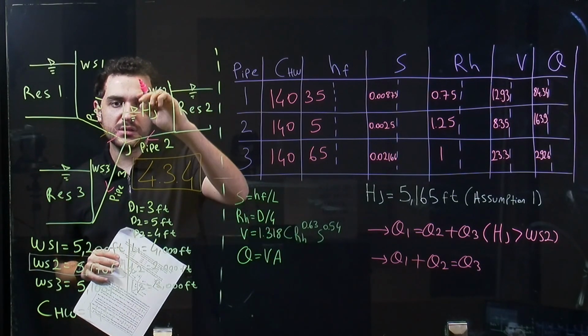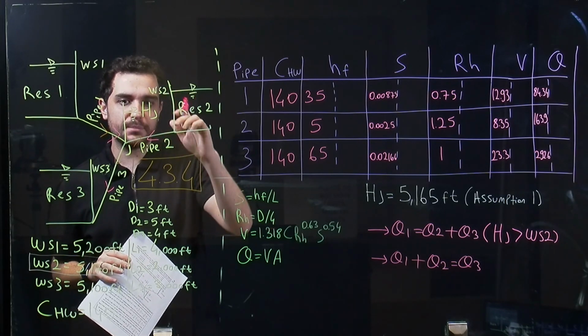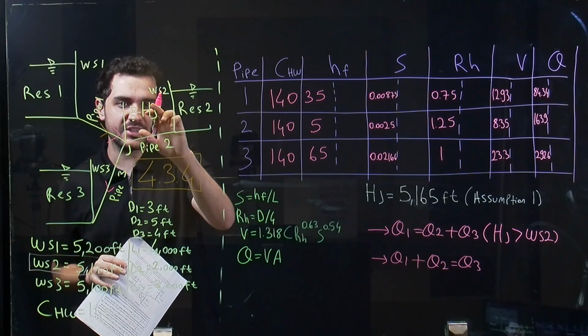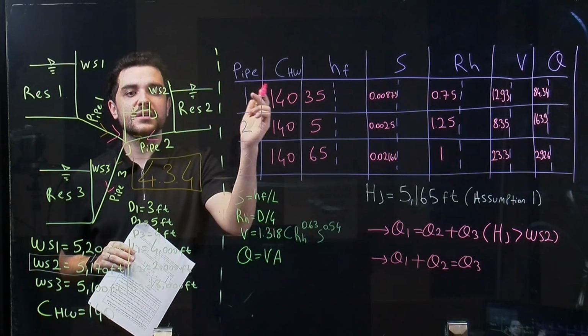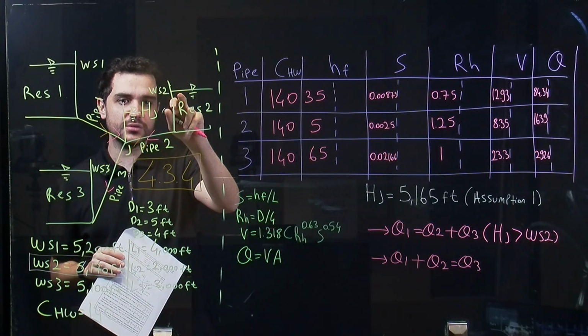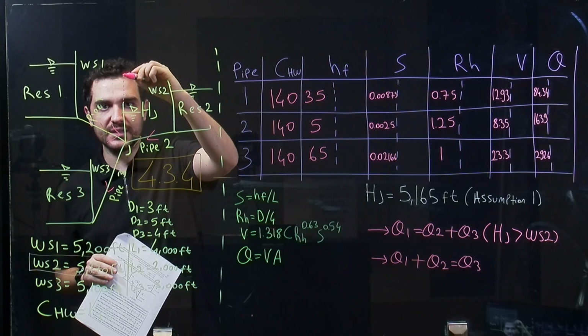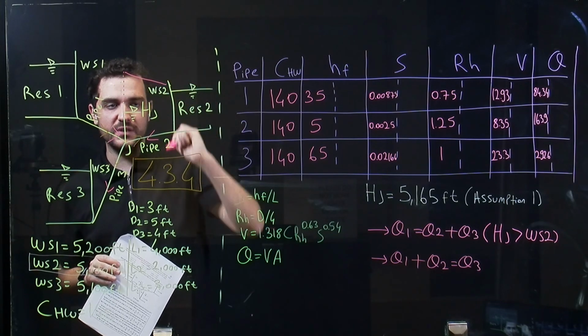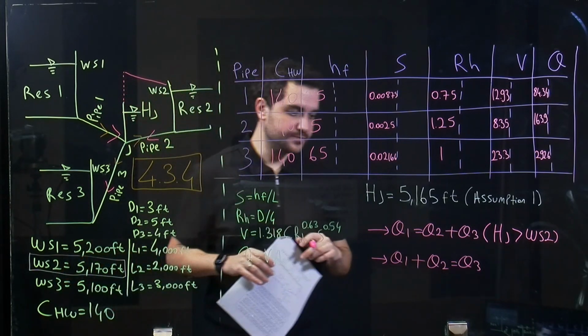So the shape can mislead, but when Hj is higher than water surface 2, water will be moving to reservoir 2.